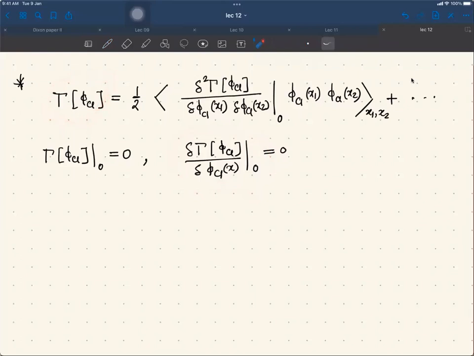And then you choose one of those extrema, and you set the origin of φ_CL there, and Γ[φ_CL] at that point is also 0. That is how Γ is constructed, and that is why, if you view this as a Taylor series expansion around φ_CL equal to 0, the first and second terms are absent. This starts with the quadratic piece, and then there are cubic and higher order terms.